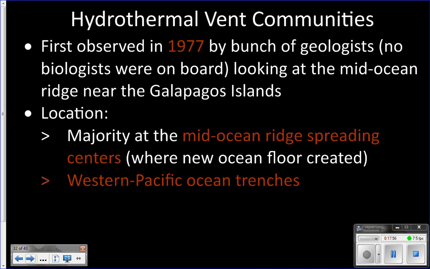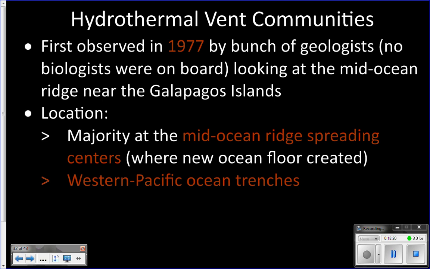Hydrothermal vents. Hydrothermal vents were discovered in 1977 by a bunch of geologists. So it was weird. Back in the day, they didn't really have a camera that could take video this deep. So they would take temperature readings and then take pictures simultaneously.